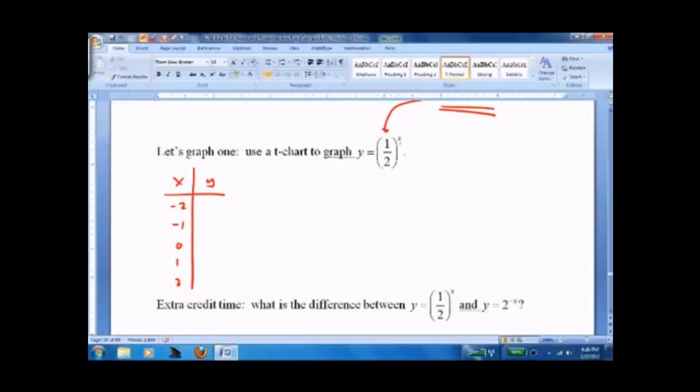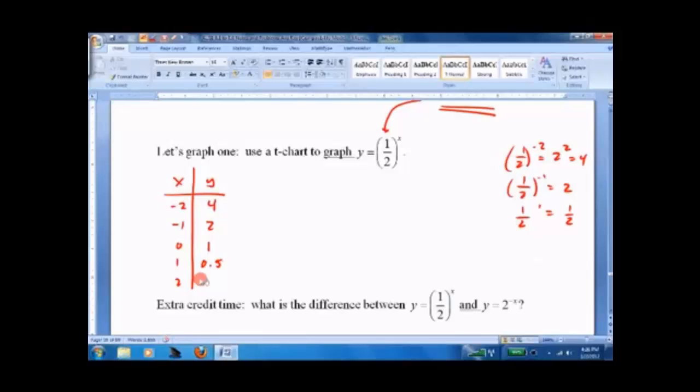So -2, and we'll throw it out here. 1/2 to the -2 is the same as 2 squared, because we flip it down below, that's 4. 1/2 to the -1 is just 2. Anything to the 0 is 1. 1/2 to the first is just 1/2, which is 0.5.